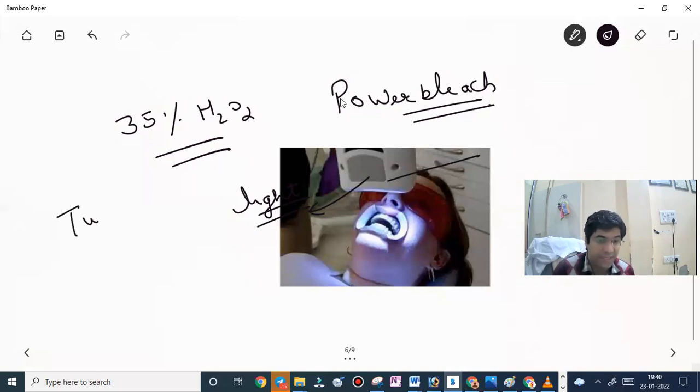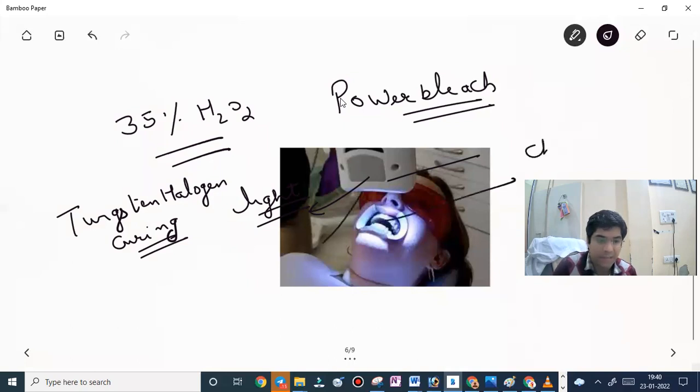One is the tungsten halogen curing light. That is the standard dental curing light that provides the heat and stimulates the initiation of the chemical reaction by activating the light sensitive chemicals that are present in the bleaching agent.